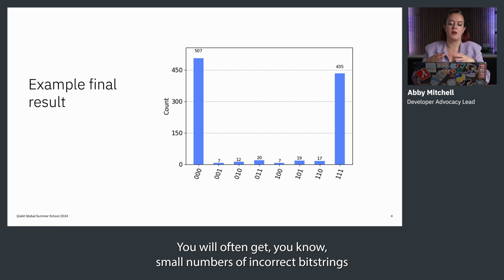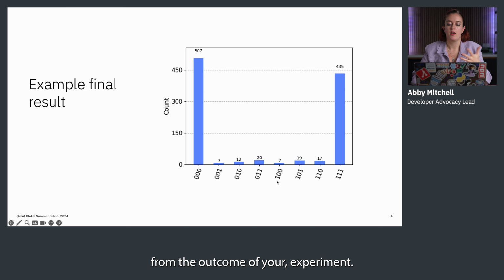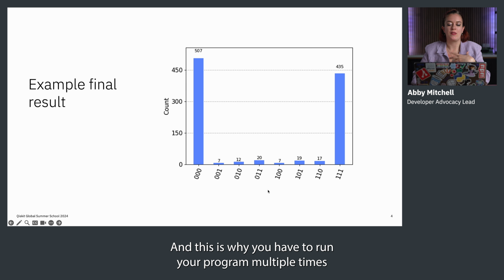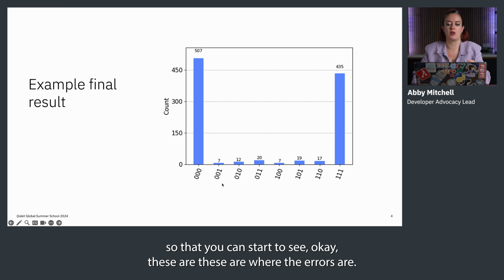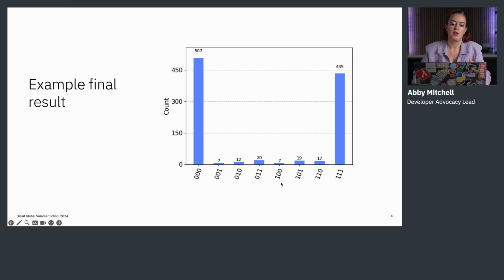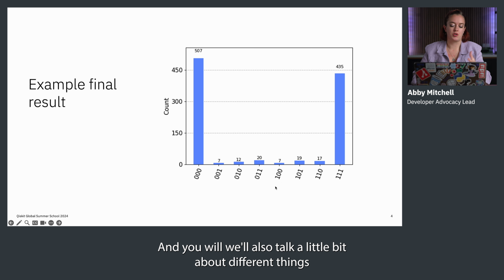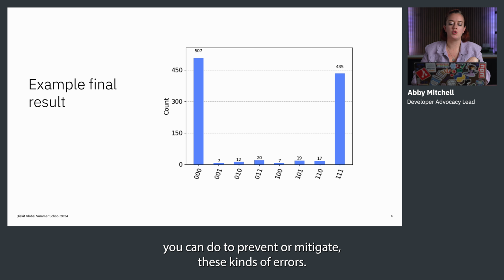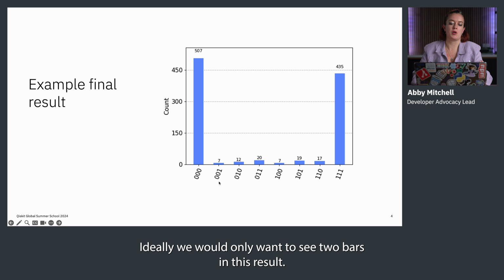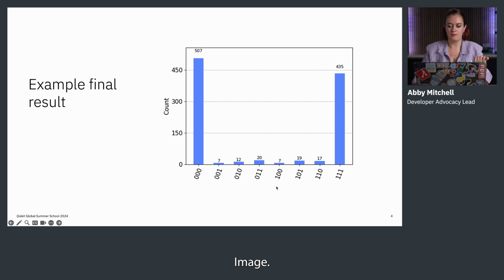You will often get small numbers of incorrect bit strings from the outcome of your experiment, and this is why you have to run your program multiple times, so that you can start to see where the errors are. We'll also talk a little bit about different things you can do to prevent or mitigate these kinds of errors. Ideally, we would only want to see 2 bars in this result image.